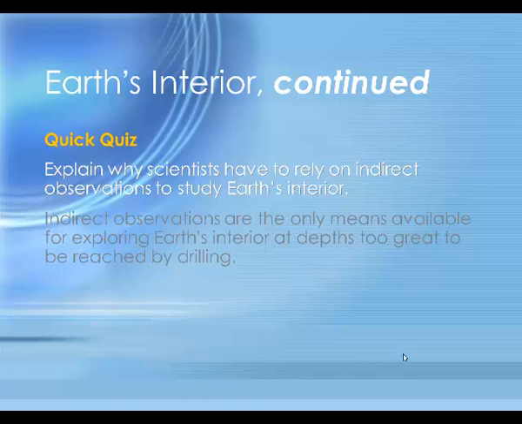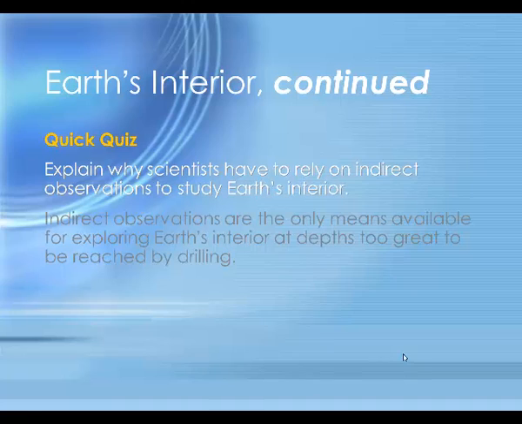Very true. Any other reasons? So, depth was mentioned. Is there another reason?